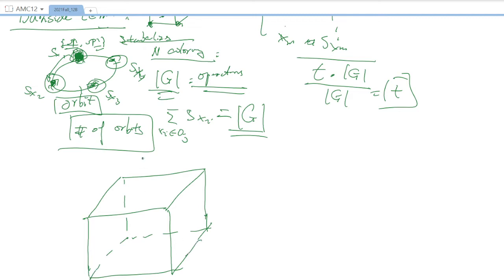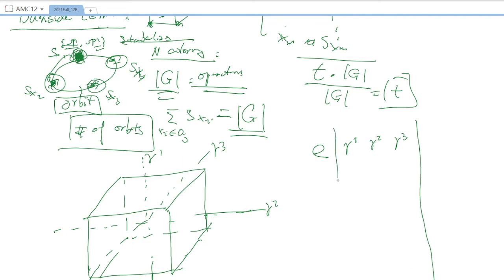The easiest way you can see is here: x, y, and z axes. I call these R1, R2, R3. We have an identity, meaning I don't rotate this figure. Then we have R1, R2, R3. That's the first set of rotations.